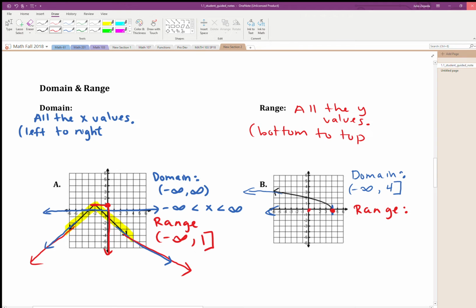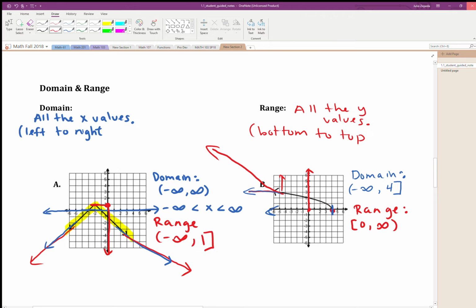And then if I keep going, I want to see what is the highest point of my graph. Well, this arrow, it's not only going to the left, it's also going in the upward direction. Since it's at an angle, there's going to be higher and higher points if we continue on that curve. So the range, it's starting at 0, but it's going to go up to infinity. So from 0 to infinity.